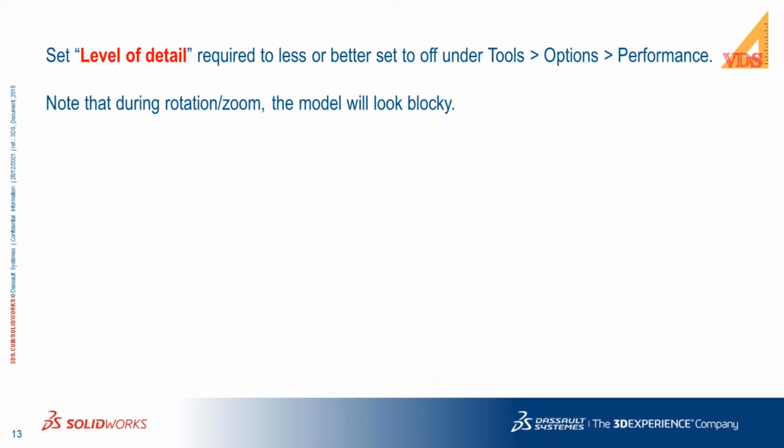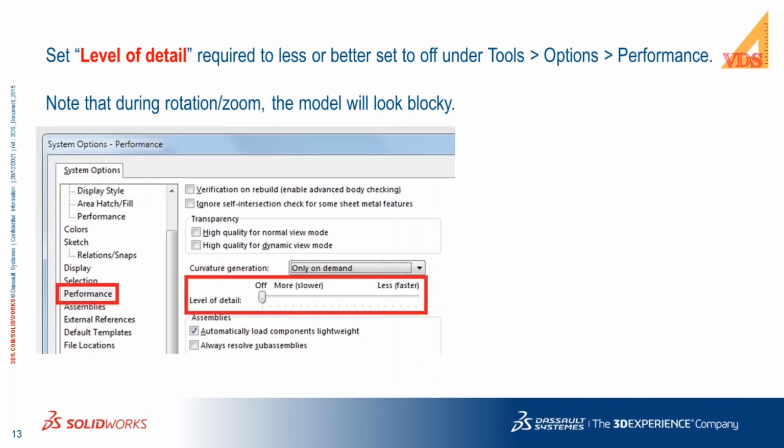The only disadvantage of turning it to a lower side or off is that the model starts to look blocky when you rotate, zoom or pan the model. If I talk of cylindrical parts, they will look like a cuboid or cube or similar shape. You can find this option again under the performance tab.